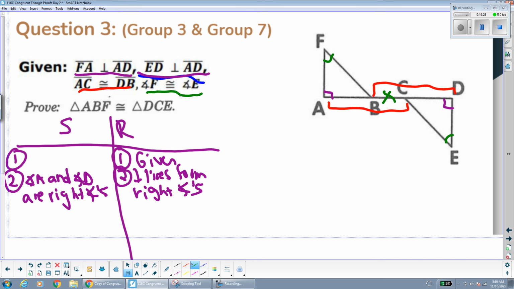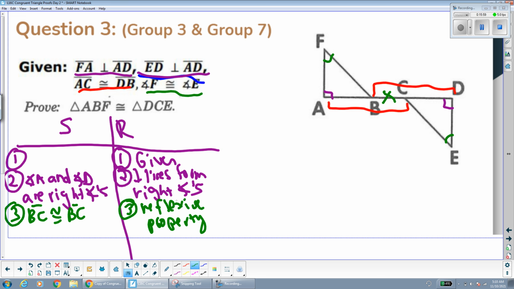We talked about before that we can do the subtraction to get sides AB and DC that we need. To do that we need to make the statement that BC is congruent to itself, because that's what we're going to be subtracting from both of those long segments. So let's do that as our next step. I'm going to make the statement that BC is congruent to itself. That's the reflexive property.